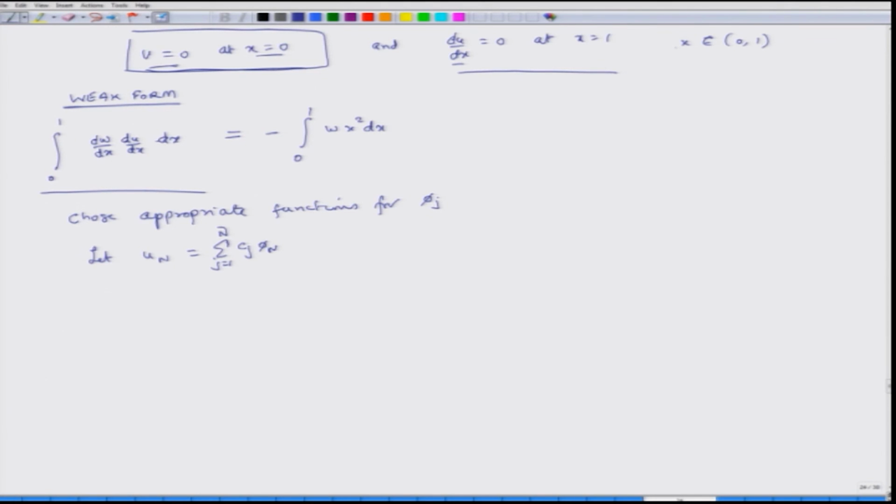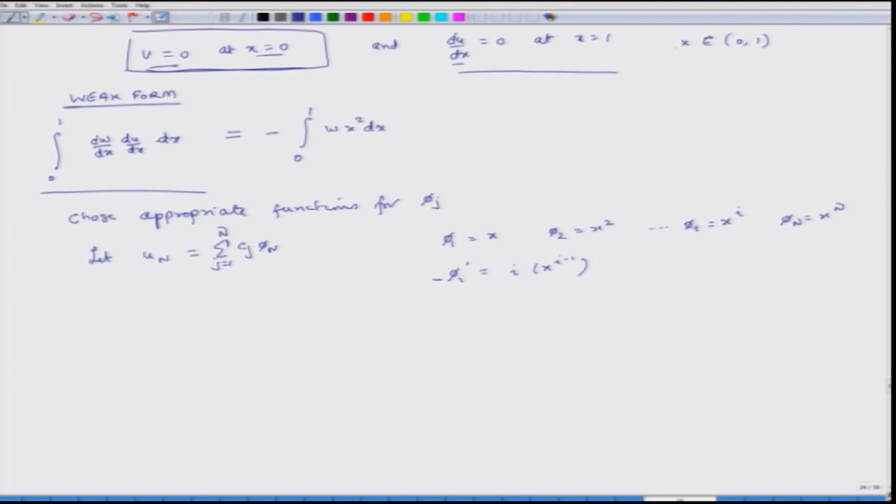So, we can choose phi 1 is equal to x, phi 2 is equal to x square, phi i is equal to x to the power of i, and phi n is equal to x to the power of n. So, the derivative phi i prime will be equal to i times x to the power of i minus 1.